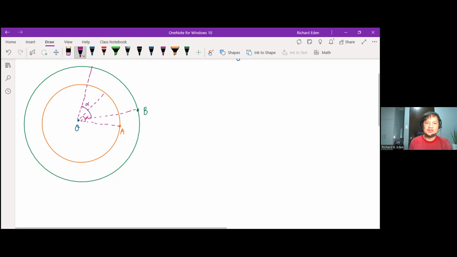So the new images are going to be this is A prime, and this is going to be B prime, and so these are what we get. So the segment AB is moved to this segment, A prime, B prime.